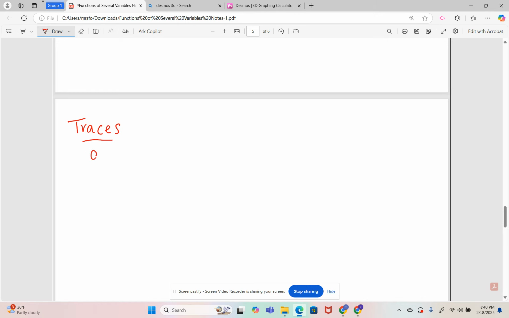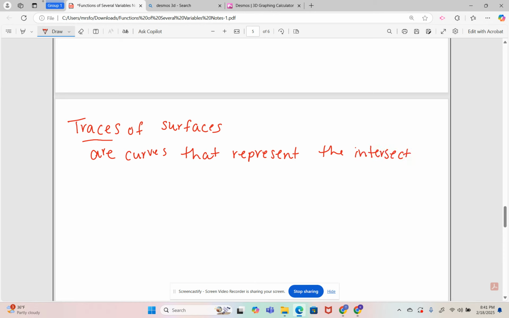So traces of surfaces are curves that represent the intersection of the surface and the plane given by x equals a or y equals b.